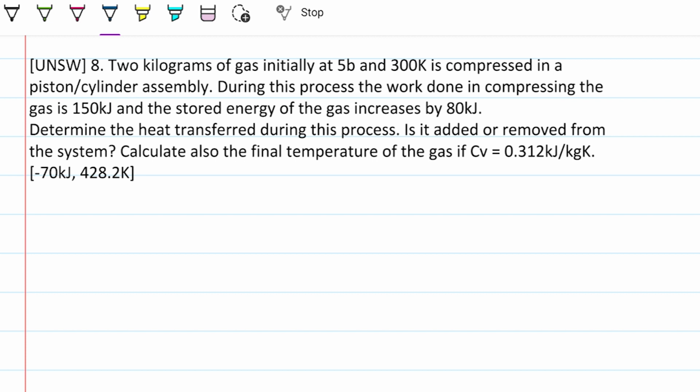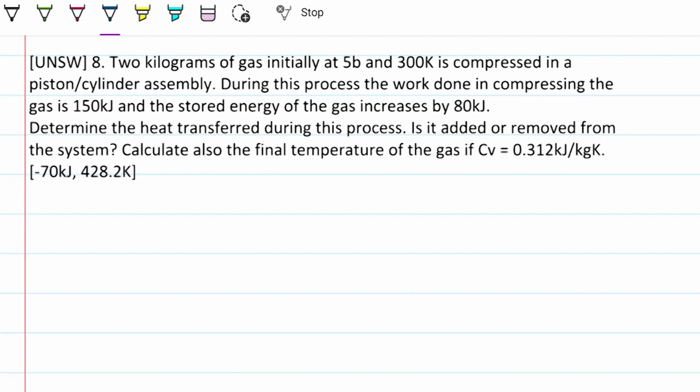Determine the heat transferred during this process. Is it added or removed from the system? Calculate also the final temperature of the gas if C sub V is 0.312 kilojoules per kilogram per Kelvin.